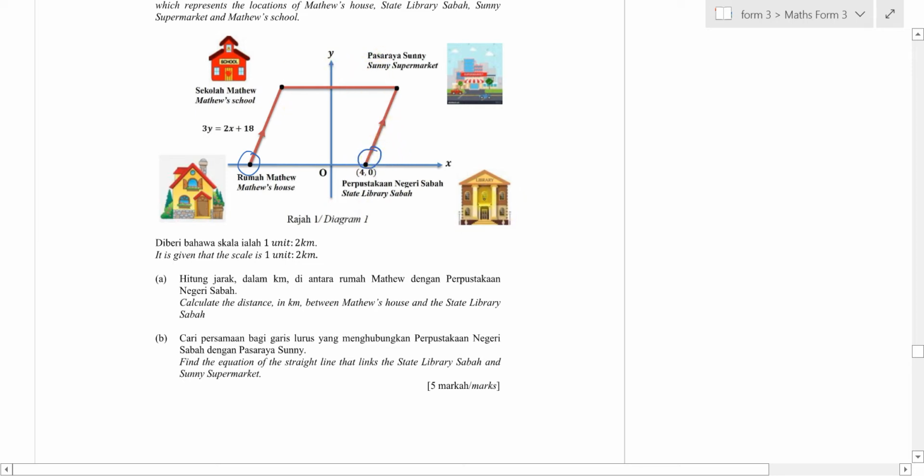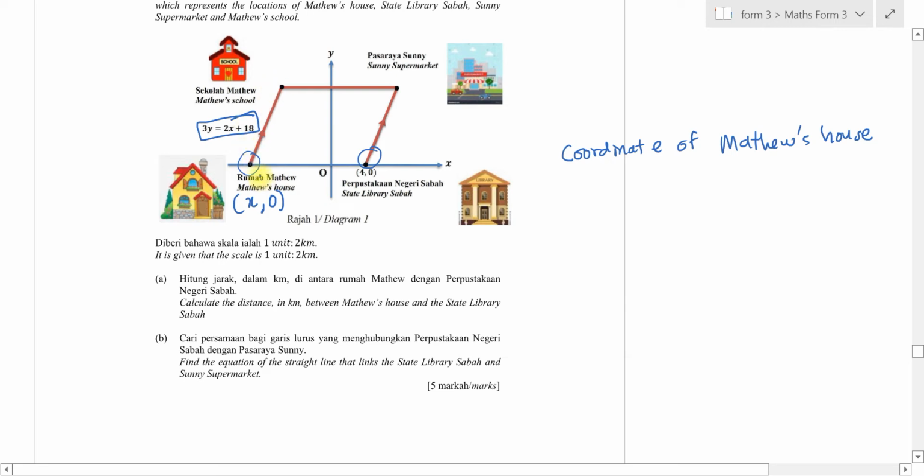Okay, this one is just minus only. But we need to find out the coordinate of Mr. Matthew's house. Okay, so we know that this is an x-intercept. We don't know the x, but the y for sure is 0. So we just substitute into this equation.